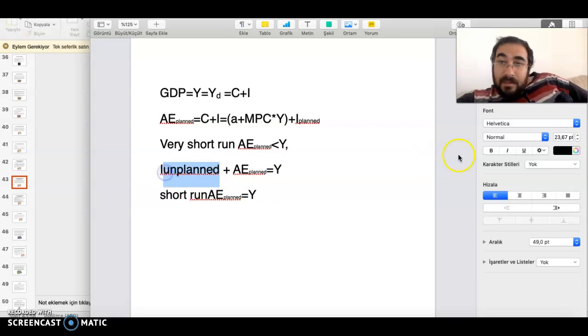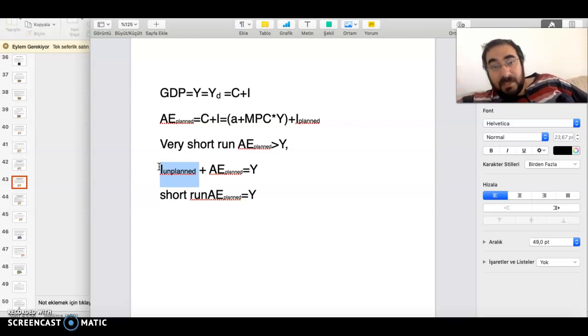This basically means that if AE planned is less than Y, this needs to be positive, so that the summation will become equal to Y. If, on the other hand, AE planned is larger than Y, now I unplanned should be negative, so that the summation will be equal to Y.